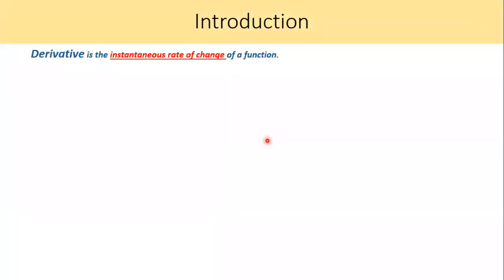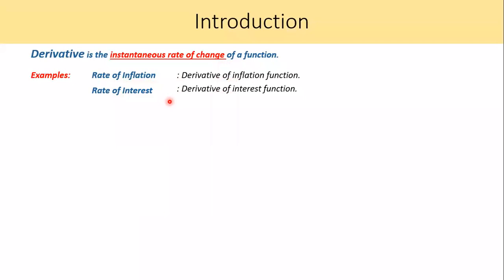Introduction. The derivative is the instantaneous rate of change of a function. For example, rate of inflation is the derivative of the inflation function. Rate of interest is the derivative of the interest function. So the rate of anything is the derivative of the same function.